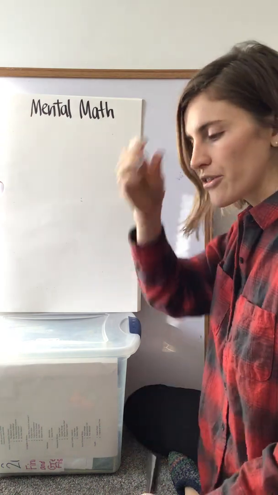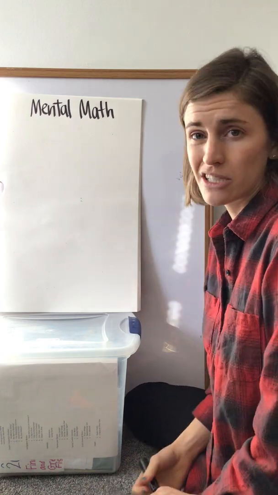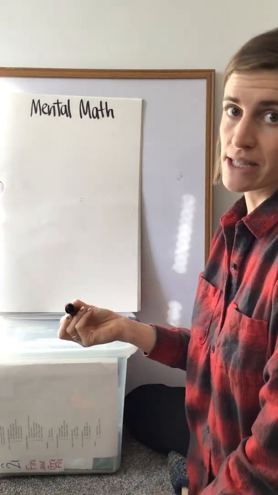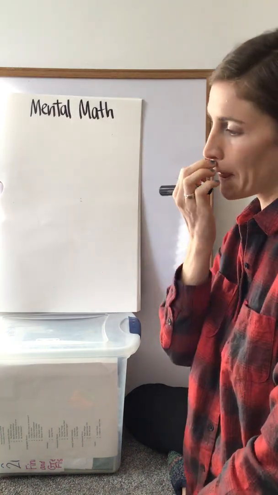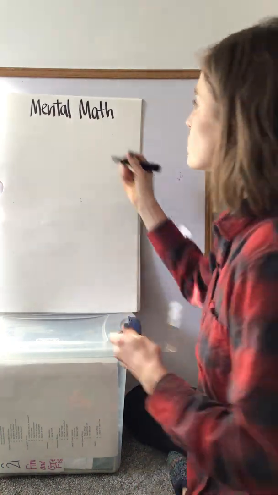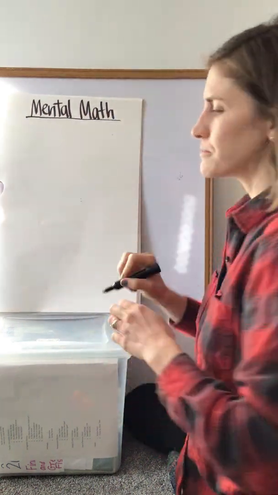However, another important skill to have, which is one that we use often in life, is the ability to do math problems without paper and pencil or without a calculator. We call that mental math. Now there are a few different tools that we can use to help us solve mental math problems.